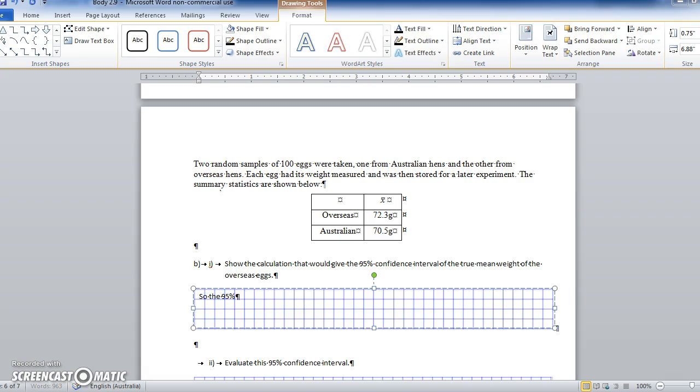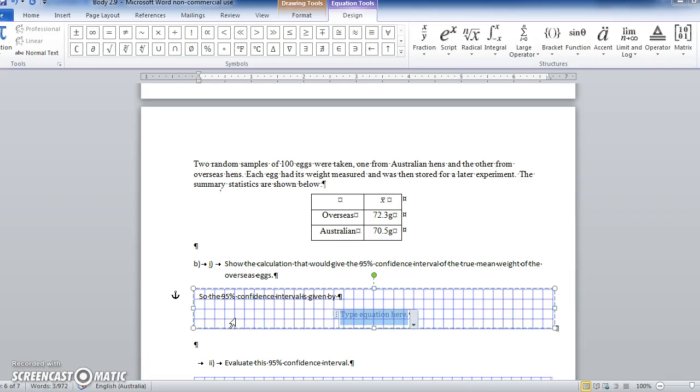So the 95% confidence interval is given by, and it's just simply a matter of using that formula that we established. We're doing this for overseas eggs, so that's 72.3.